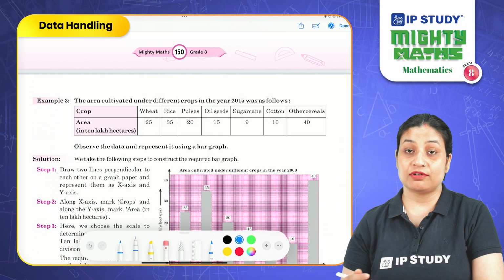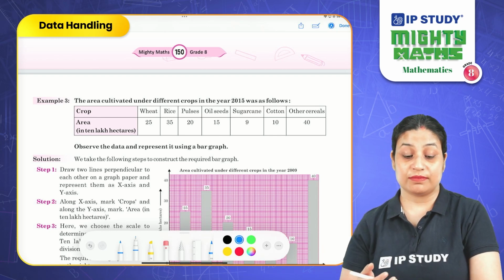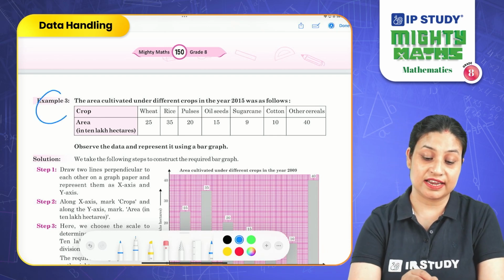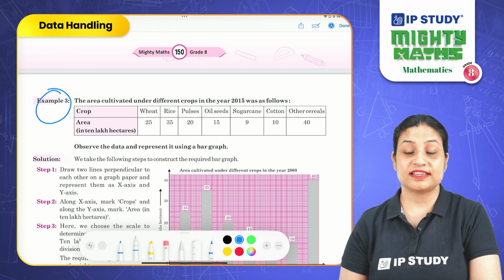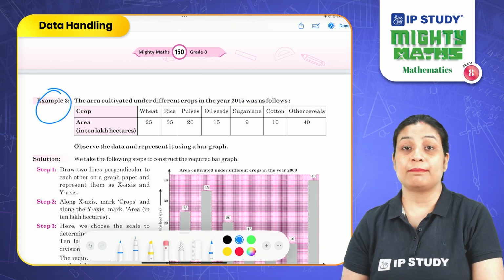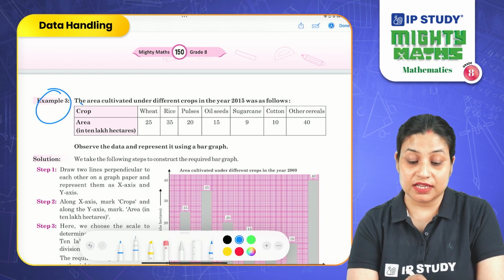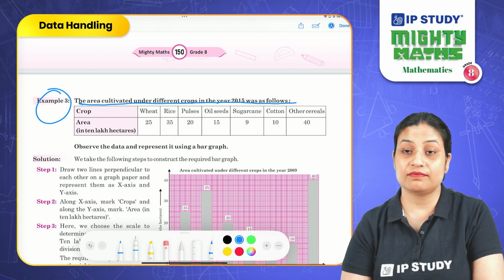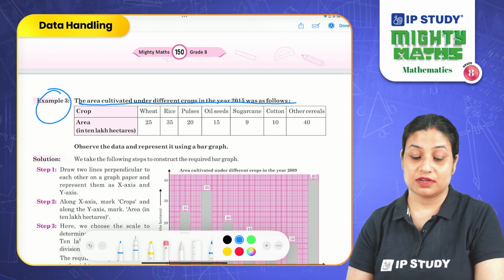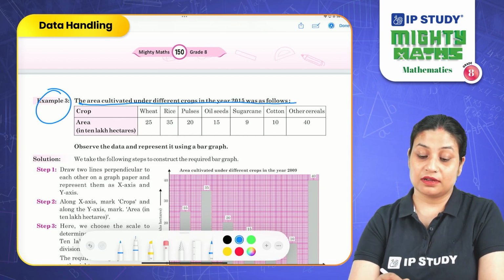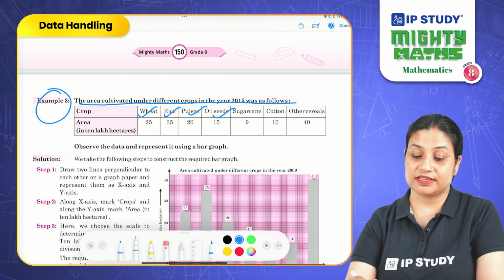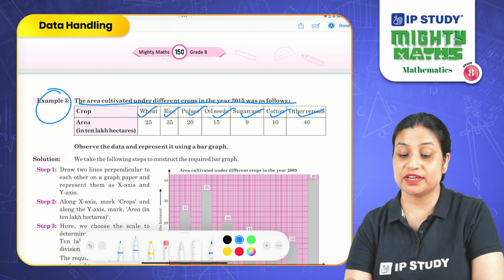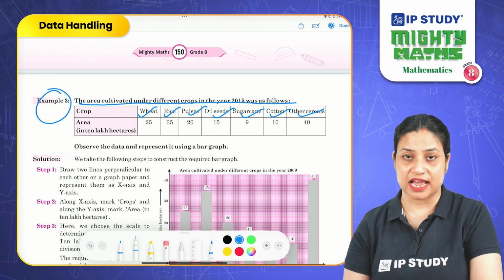In order to understand this concept in a better way, let's take an example, example number 3. What is example number 3 saying? The area cultivated under different crops in the year 2015 was as follows. Here we have different crops: wheat, rice, pulses, oil seeds, sugarcane, cotton and other cereals as well.